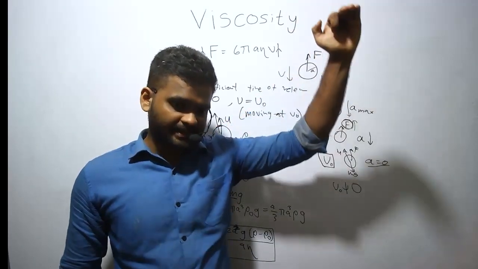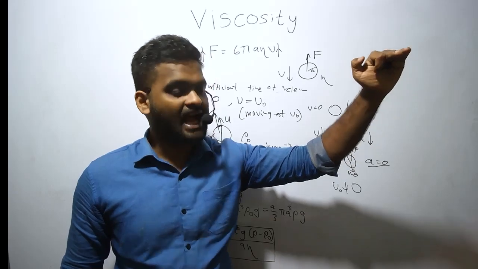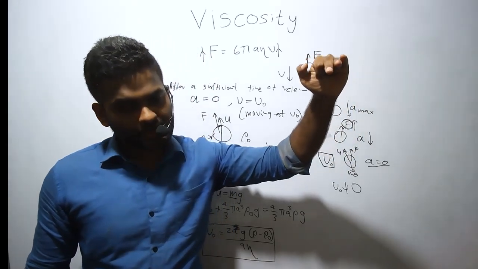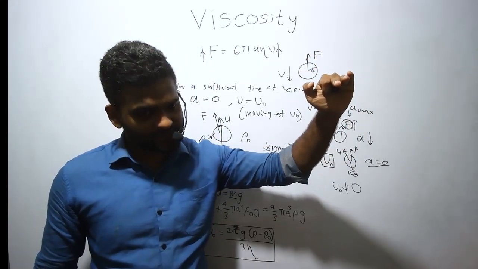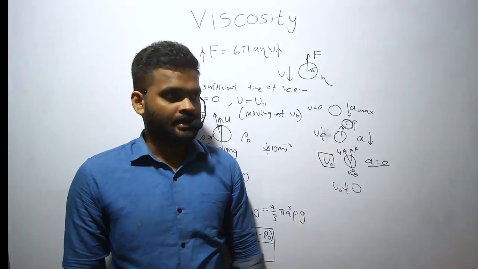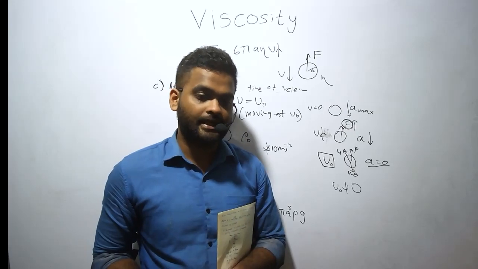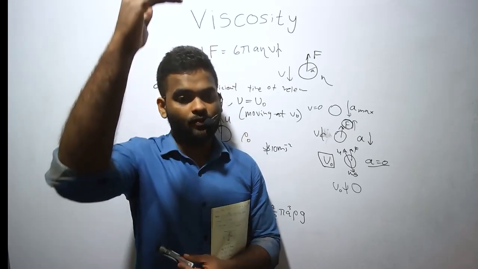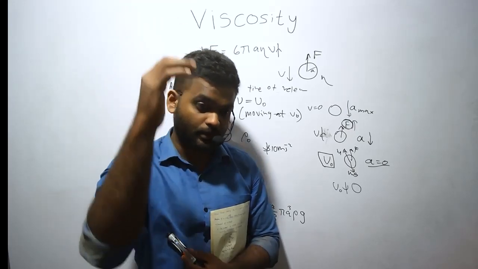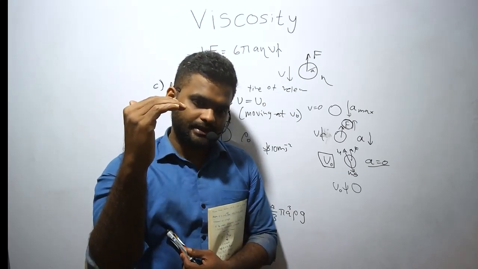So that raindrop has a constant velocity. Initially it is accelerating, then acceleration stops. After that, it keeps a constant velocity. When a raindrop falls, let's say 100 meters from the cloud, it gains its terminal velocity.